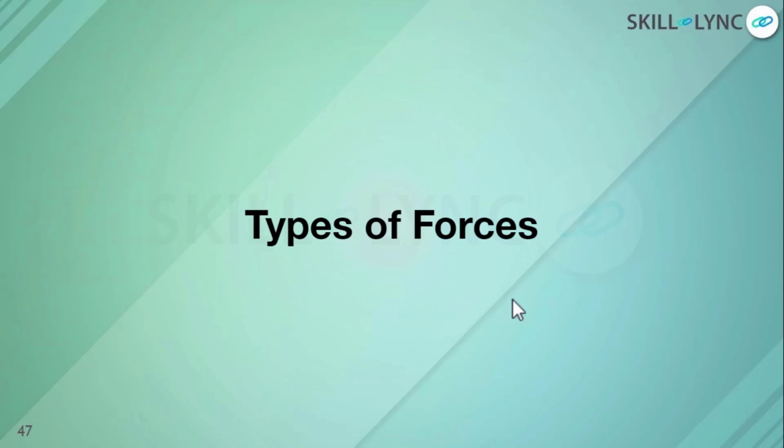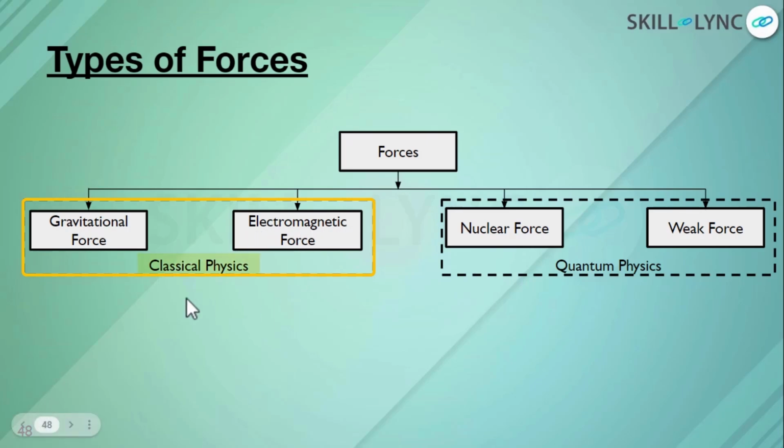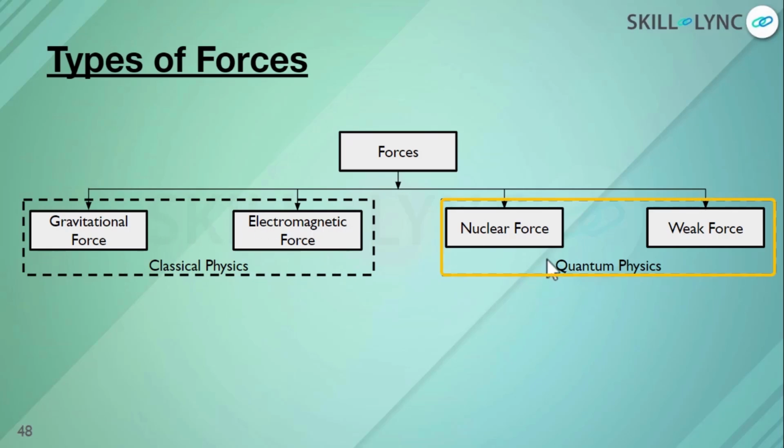The next thing we are going to study is types of forces. Force can be categorized into 4 types: gravitational force, electromagnetic force, nuclear force, and weak force. Gravitational force and electromagnetic force come under the category of classical physics, and nuclear force and weak force come under the category of quantum physics.